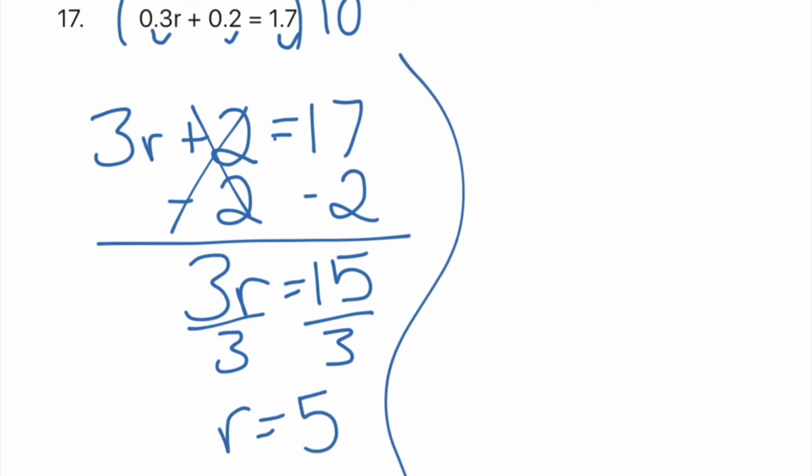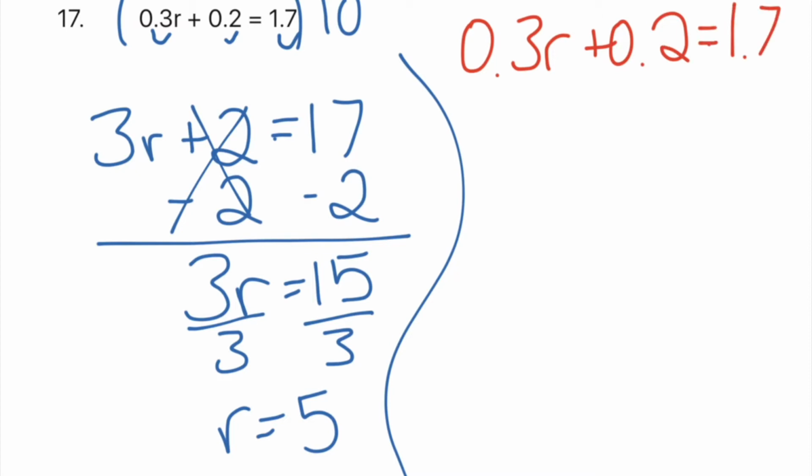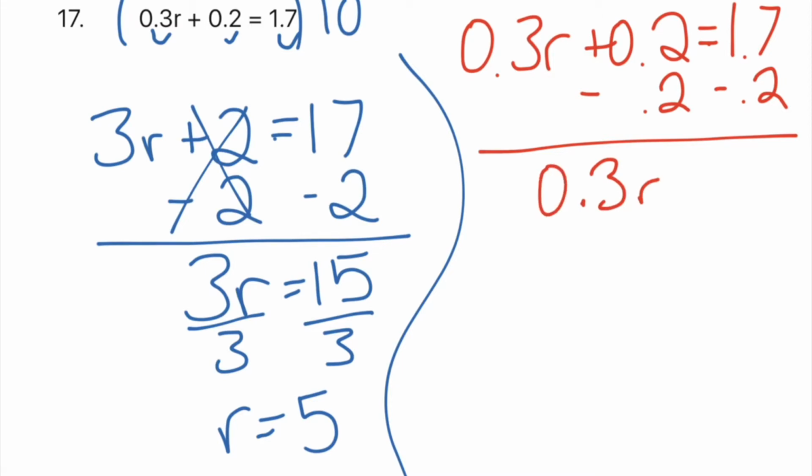Now let's do it the other way. So let's rewrite this, and I'll just show you just in case you don't like clearing your decimals. So we're going to subtract 0.2, subtract 0.2, and we have 0.3r equals 1.5, and then we have to divide both sides by 0.3.